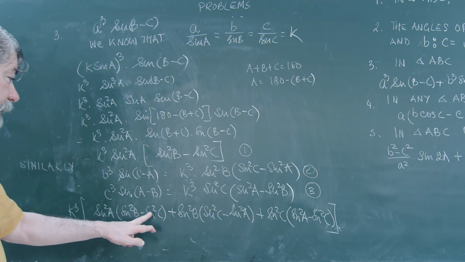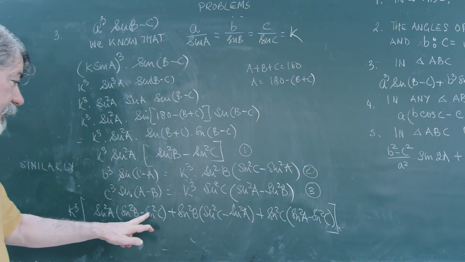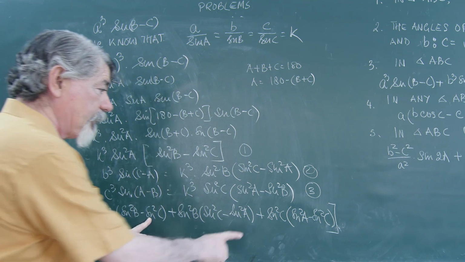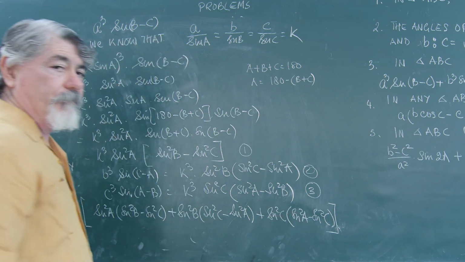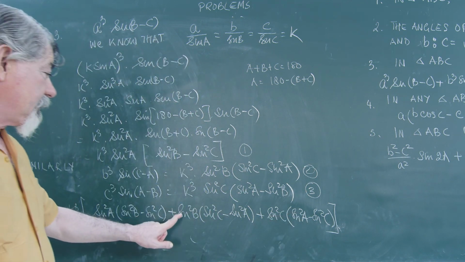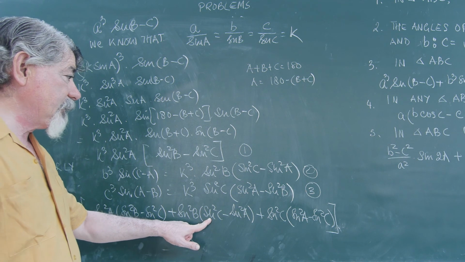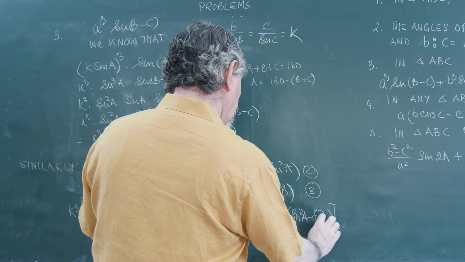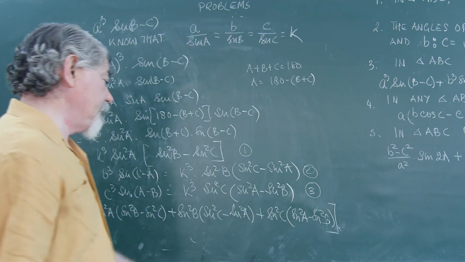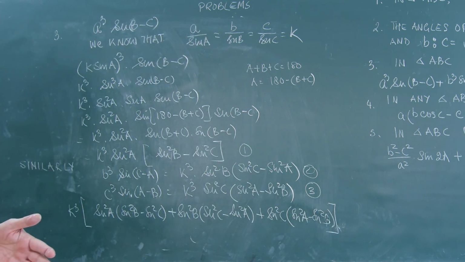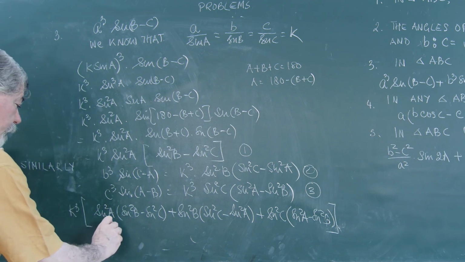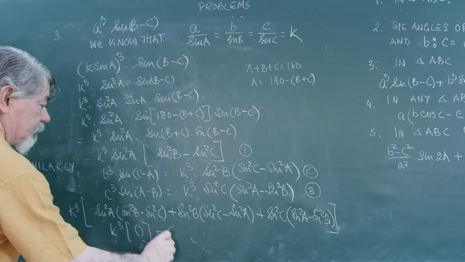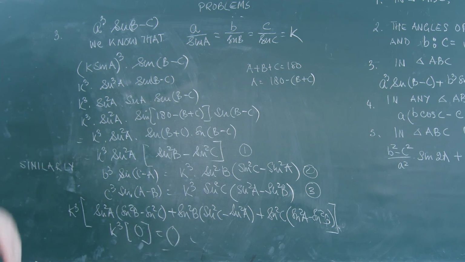It is sine square A with sine square C multiplied by minus, so it will become minus sine square A, sine square C, and it is plus sine square A, sine square C. Similarly, sine square B, sine square C is here, and sine square C, sine square B with minus is there. So they will all cancel out with each other. You will get 0 in the bracket. So you will get 0 as the answer which we have to prove.